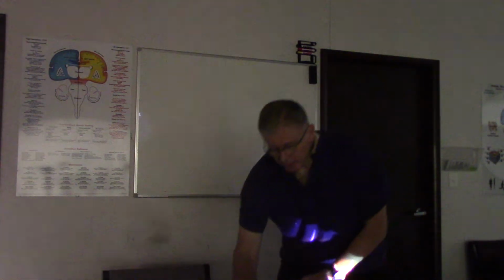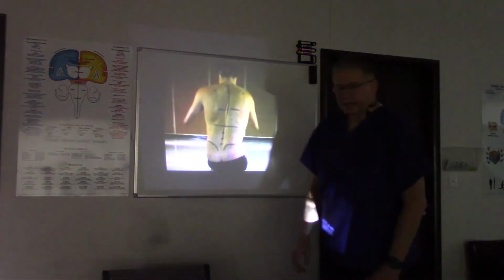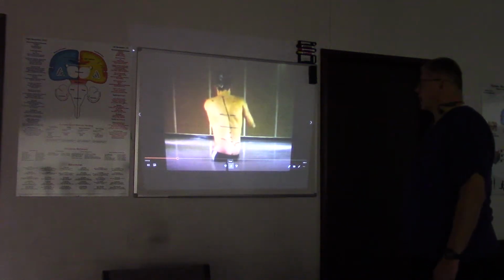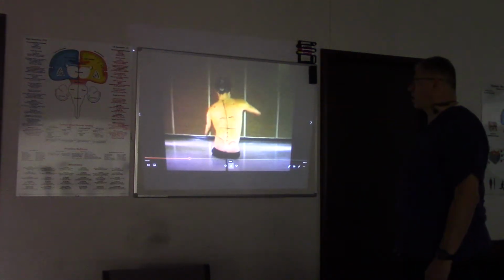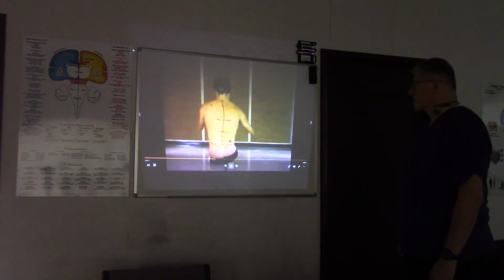So here we're going to watch it again. We're going to watch each of these 2 times. Here he is again. You can see the lateral flexion systems as he walks, as he propels himself forward.